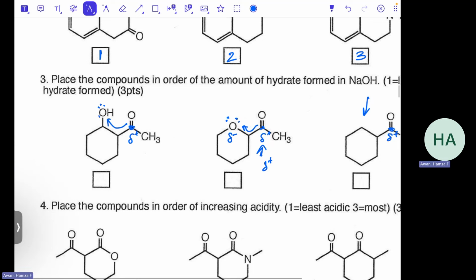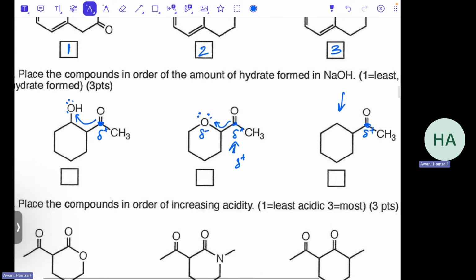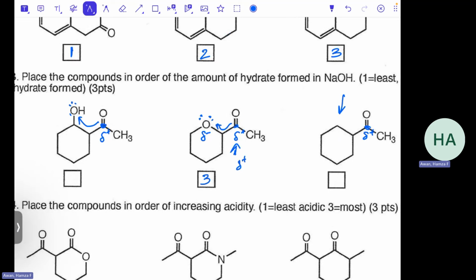So because our delta positive charge is going to be strongest in the center one, it is going to be the most unstable. So it's going to want to react more, right? And so that's going to make it form more hydrate in NaOH. So it's going to have the most hydrate formed.